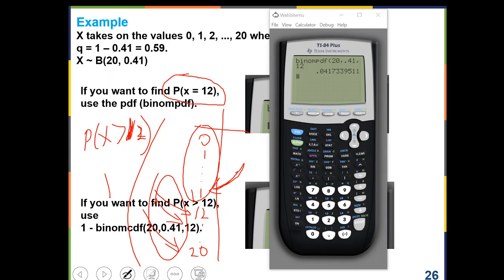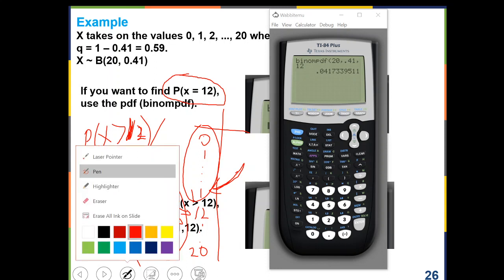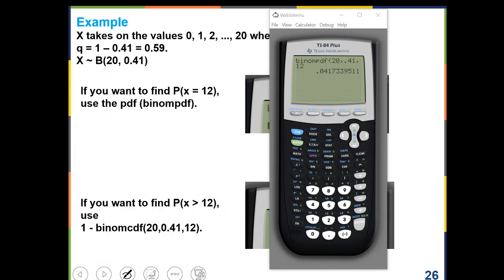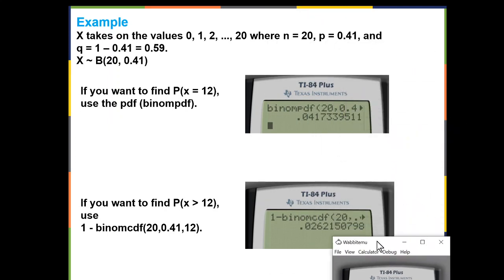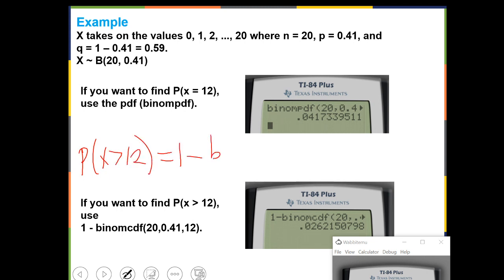Now, how do we find from 0 to 11? Well, we know how to do that. That's just what we just did. So the probability that X is greater than 12 would be 1 minus binomial CDF, not PDF, binomial CDF, and then 20, 0.41, and then 11 here.